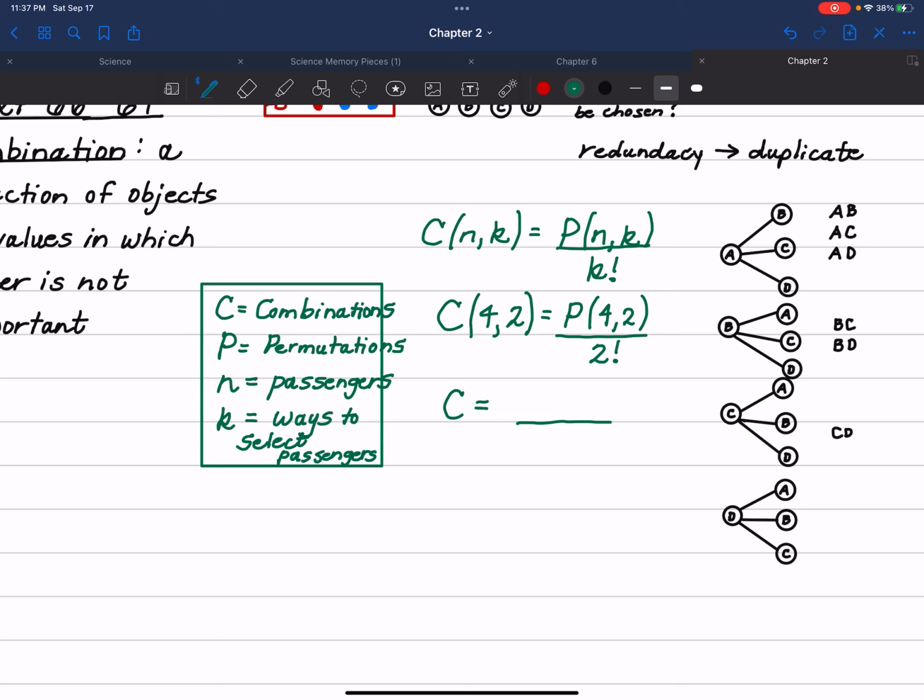So I will do all clear, 4, shift 1, 2 equals, that's 12. Okay, that was the number before I removed the duplicates. So permutation is going to be the number before the duplicates are removed.